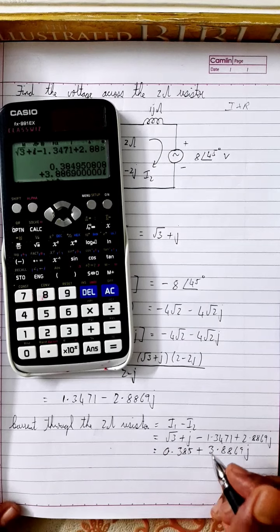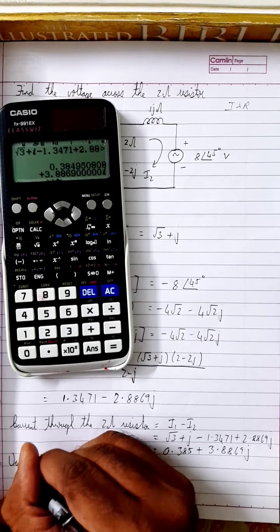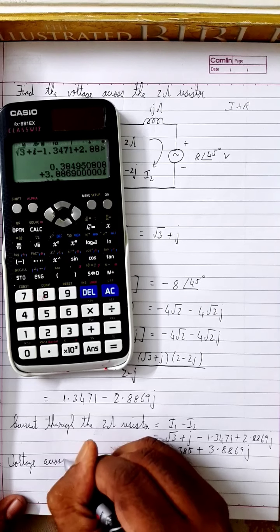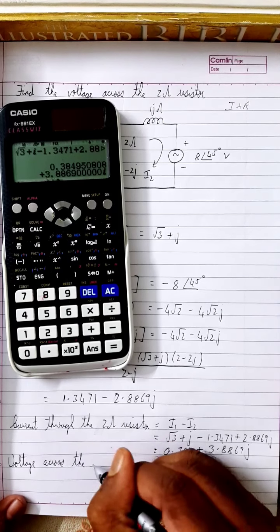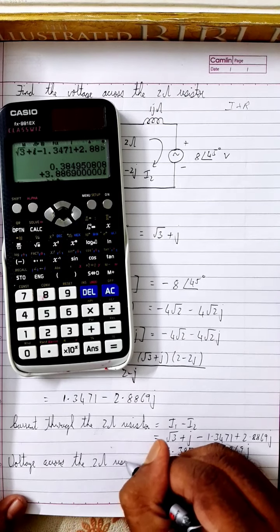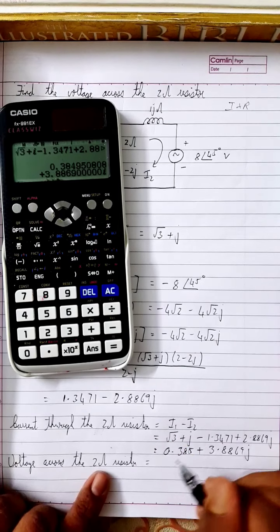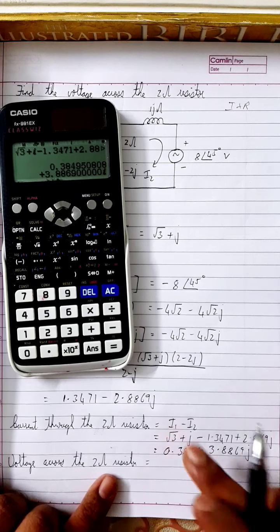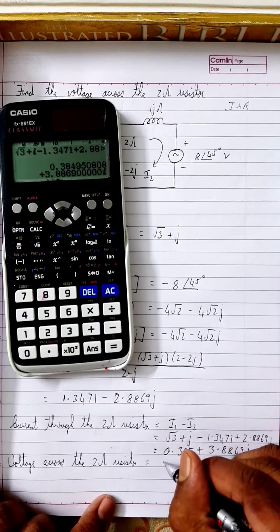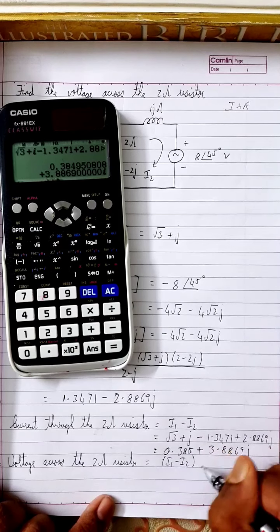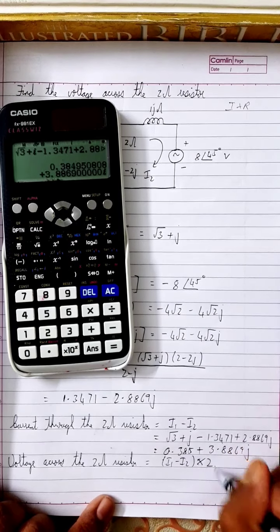Therefore the voltage across the 2 ohm resistor is equal to I into R, which is (I1 minus I2) into R. R is 2 ohm, so which means it is (I1 minus I2) into 2, right?